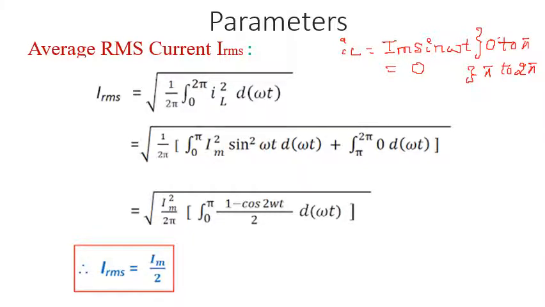From the waveforms we can observe this. The root mean square current is the square root of the mean of IL squared. Mean uses the base, 1 by 2 pi. So it is the square root of 1 by 2 pi times the integral of Im square sin square omega t d omega t between 0 to pi, and 0 between pi to 2 pi.